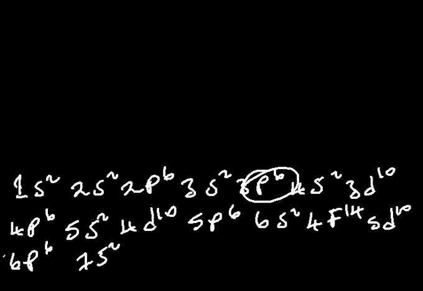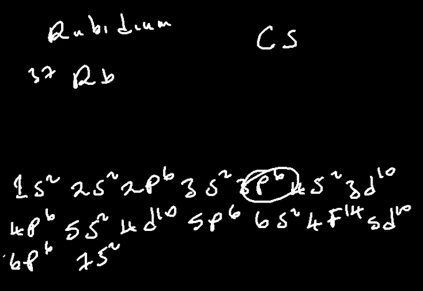Also try to write the electron configuration for the following elements. Rubidium, Rb, whose atomic number is 37. Cesium, Cs, with atomic number 52. Barium, which is 56.